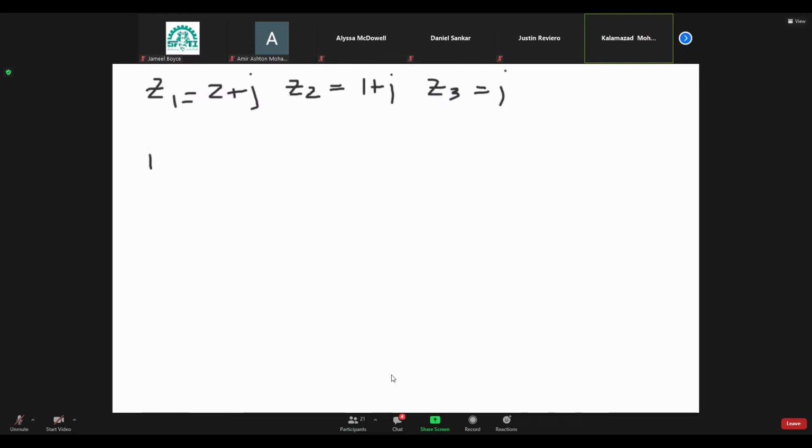Find, oh, excuse me. Okay, try that. But we already worked out what is 1 over Z1 plus 1 over Z2, so you've got to go back to that.